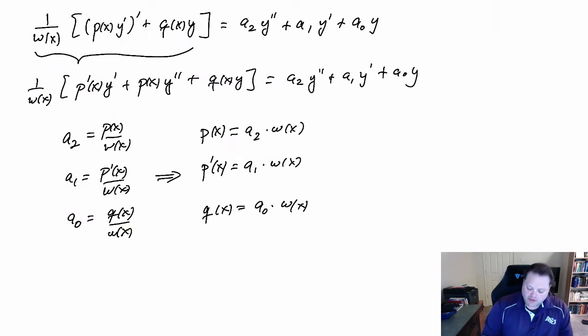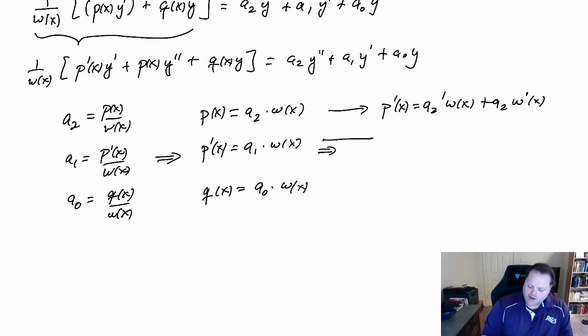So I'm actually going to do the following. We've got p and p prime right here, so I'm going to differentiate this one and set it equal to this one. So if I differentiate the top here, p prime of x is, once again, remember a2 is a function of x, so this is product rule. So this will be a2 prime w plus a2 w prime.